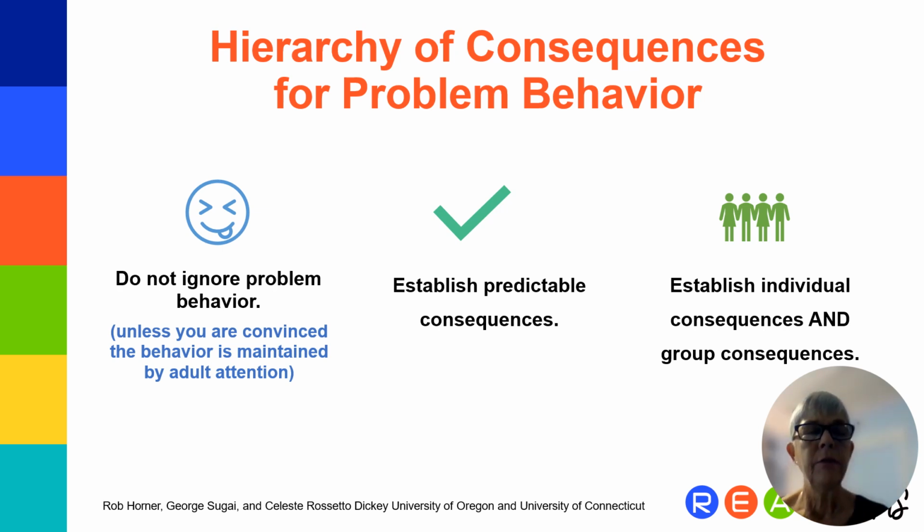So again, thinking about the structure, you want to build from the least intrusive to the most intrusive consequence. We want to be fair and consistent across the classroom on how we're administering those consequences to students across the board.